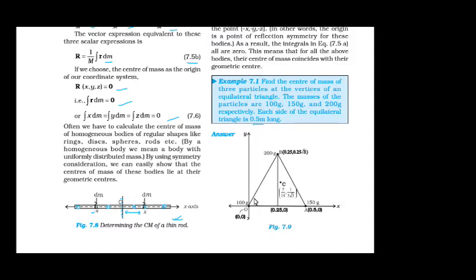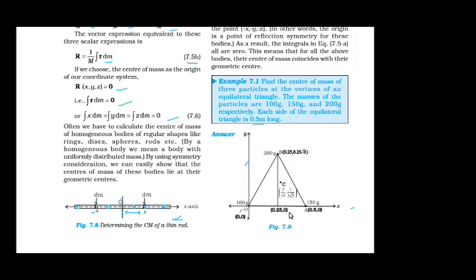So in this case, this is the y-axis, this is the x-axis. We have considered that one of the particles falls into the origin, that is the 100 gram particle. The particle weighing 200 gram is here. The particle weighing 150 gram is on the x-axis.